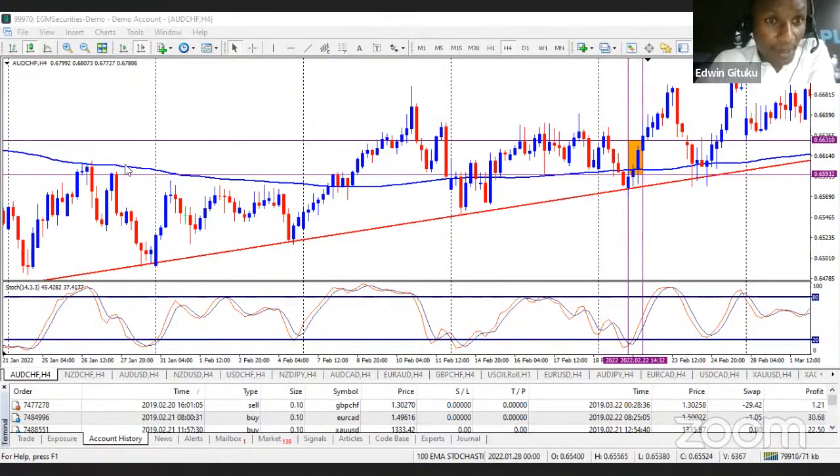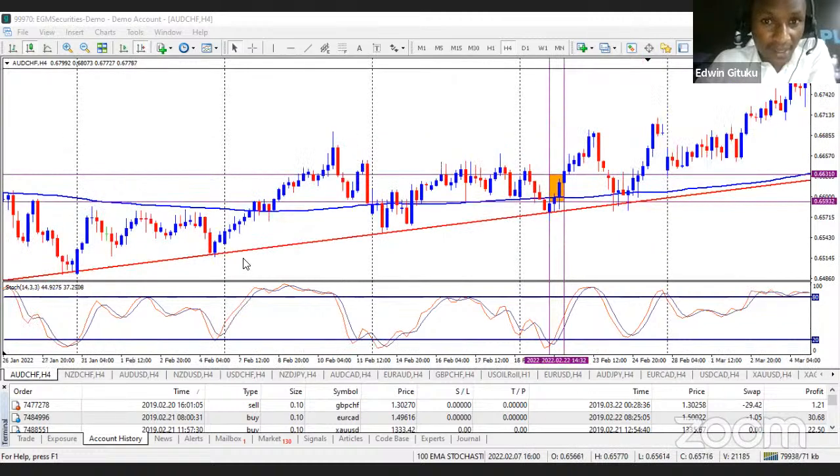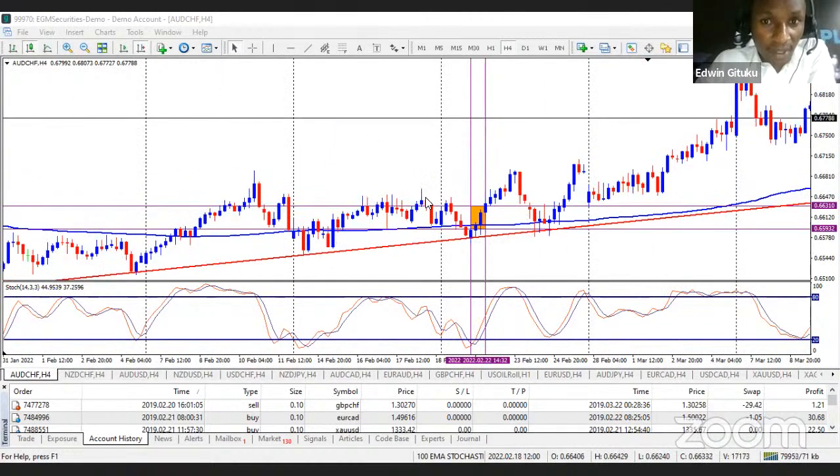Then we have added our 100 EMA and stochastic. In this particular case, we would wait for the price to make a pullback downwards. And when the price comes close to the 100 EMA, we are waiting for initiation of an impulse move to the upside.